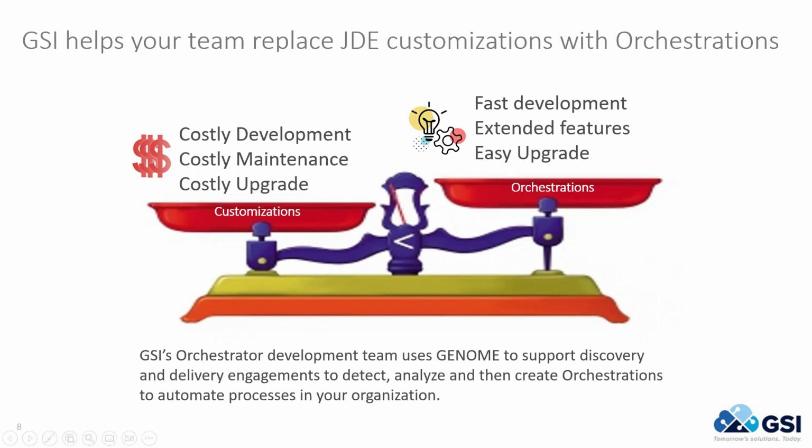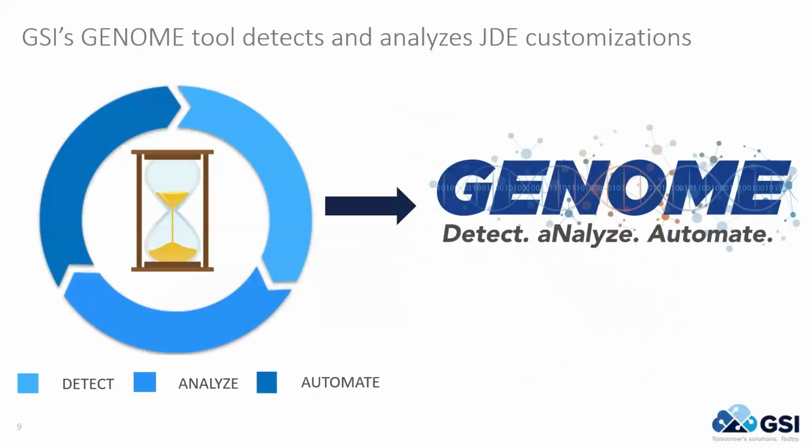But Genome, just to be clear, is a tool used to detect, analyze, and automate the analytical side of your JDE customizations and help you estimate what it'll take to retrofit them.